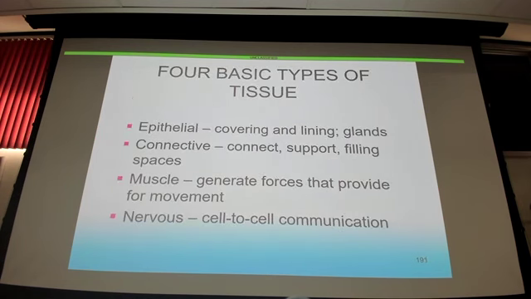So the 4 basic types that you can break it down into: 2 of them we're going to spend a little more time talking about during this lecture. Muscle and nervous will really be covered under block 2, but you have epithelial, connective tissue, muscle, and nervous. Those are our basic types. We're going to come back and define each one of them and how they cover and line and how they generate forces.